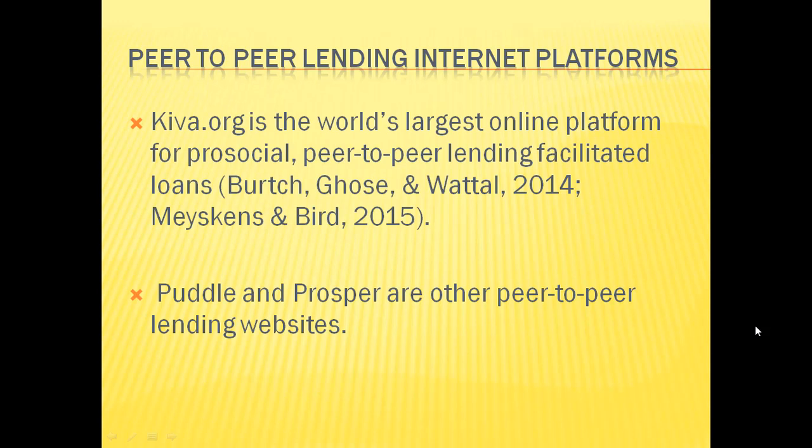So basically, if you are interested as a small business owner, or as a lender, if you're a small business owner, you go into one of these platforms, you ask for, let's say, $5,000 to buy a new oven, and you're willing to pay a 7% interest rate.